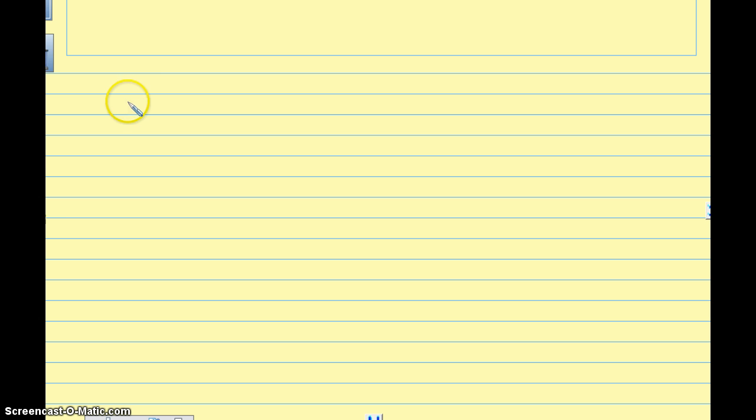So we're going to use the properties to simplify some radicals. First example, if I wanted to do the cubed root of 16, and I want to simplify this, well, 16 is not a perfect cube.